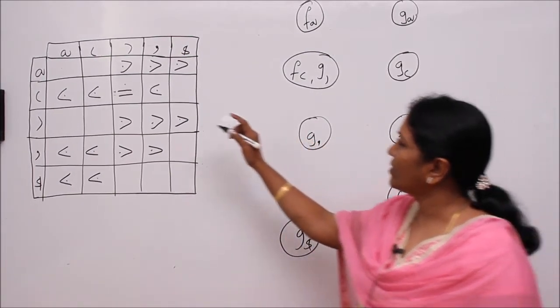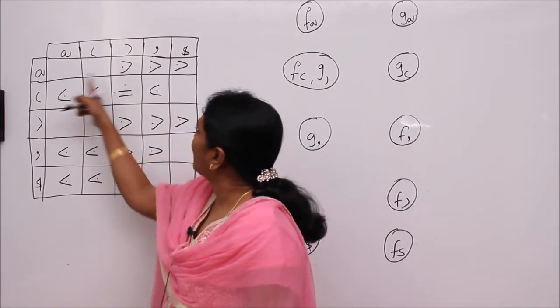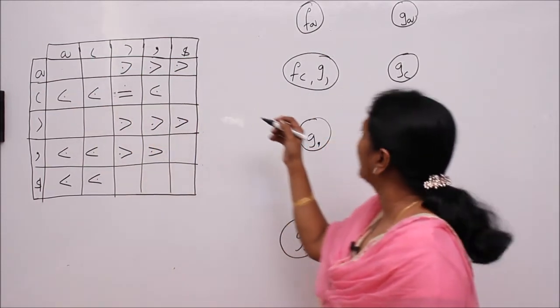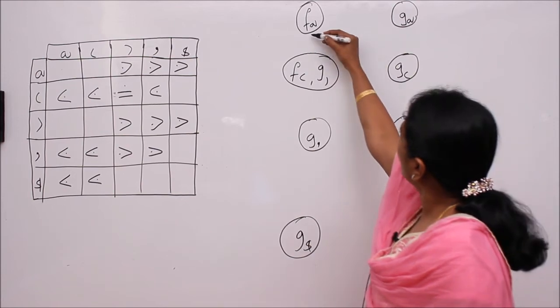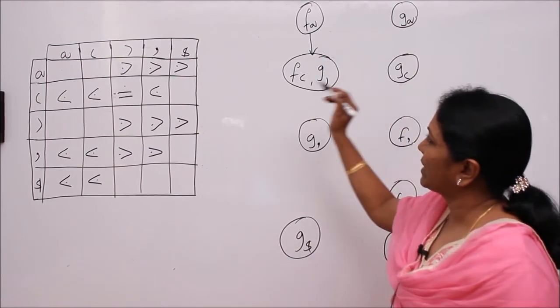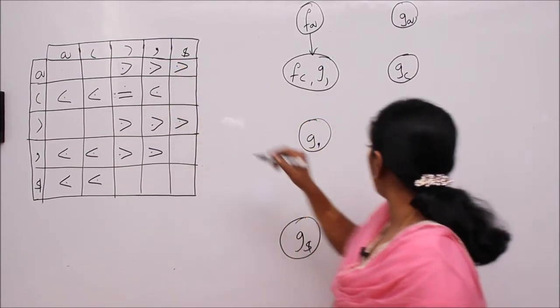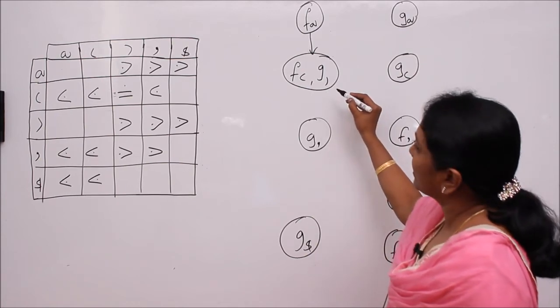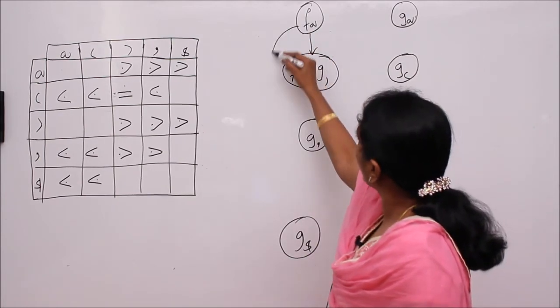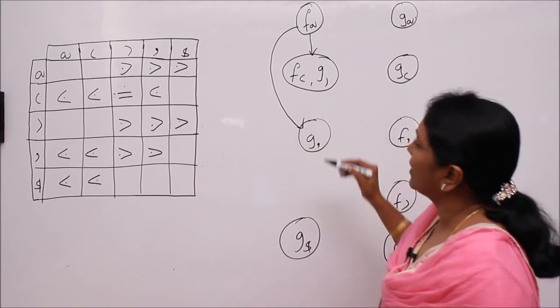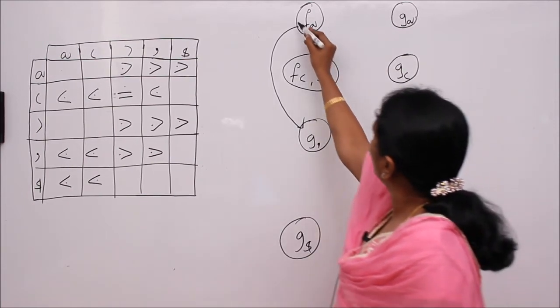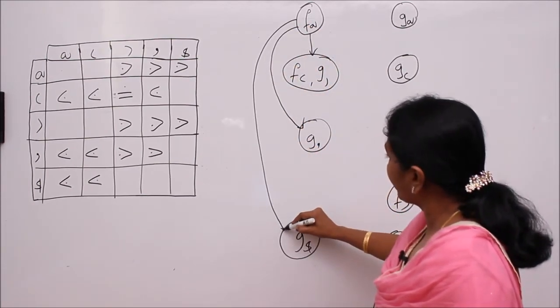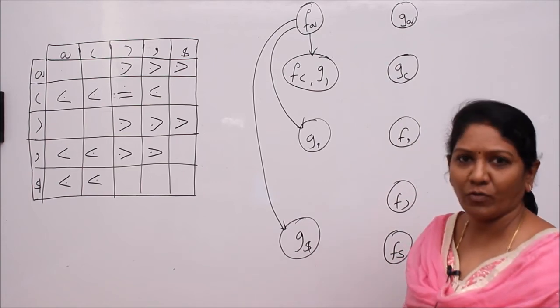How do we add the edges? Look at this. First row: f a to g closing parenthesis; f a to g comma; and then f a to g dollar. First row is over.